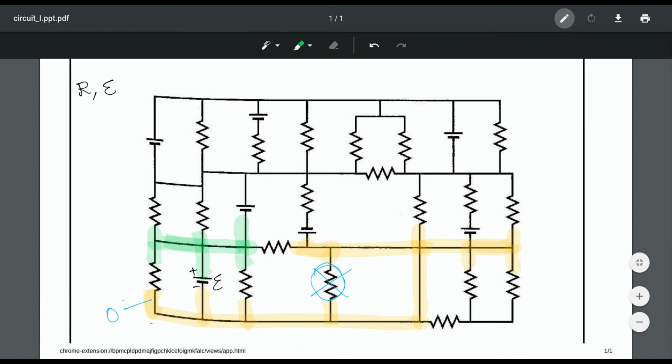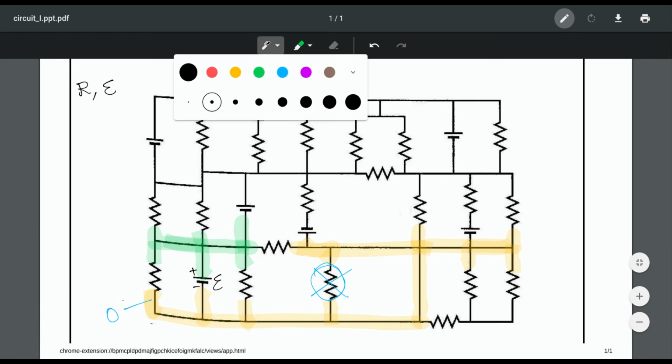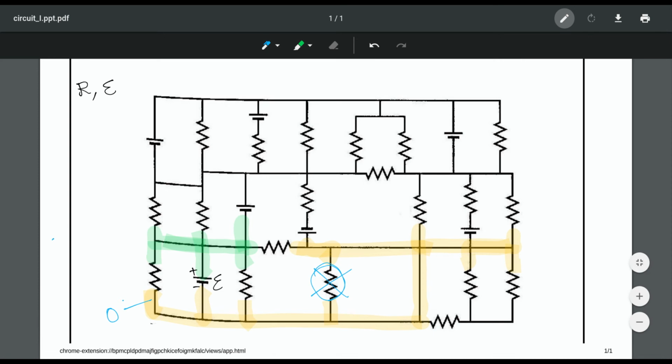So at this green color, I'm at E volts. That's the elevation there, because I was at 0, and then I went up the stairs from the negative to the positive terminal of my battery.